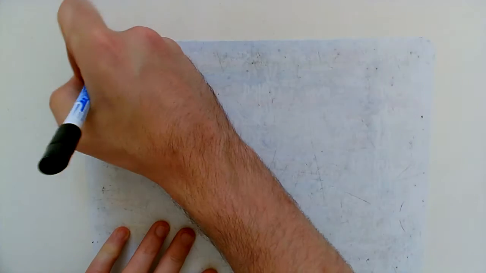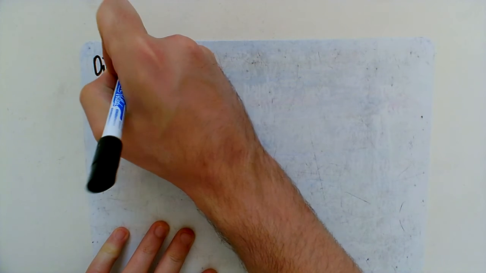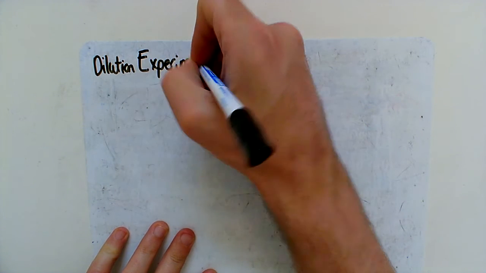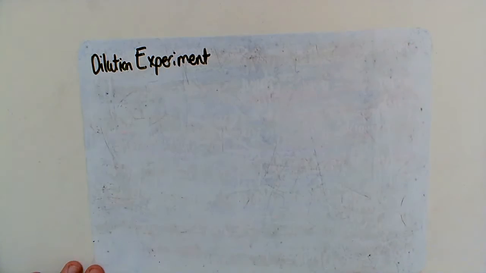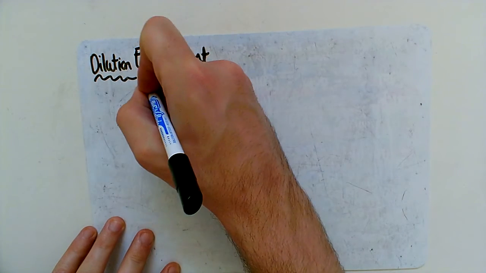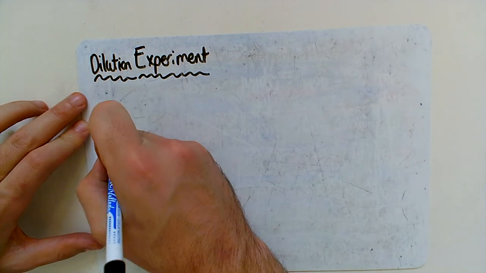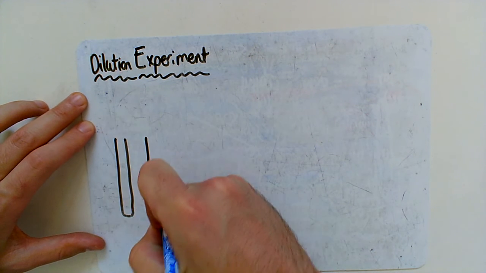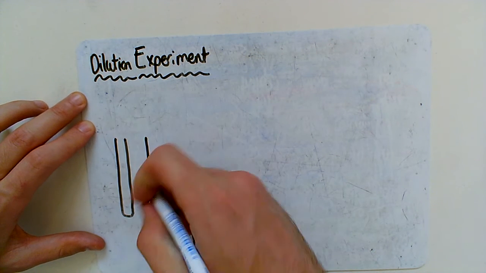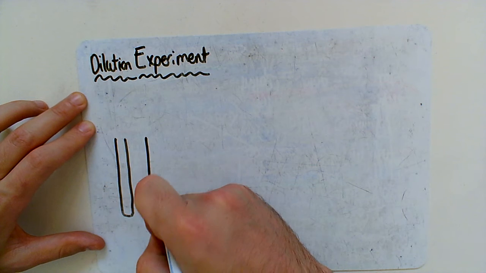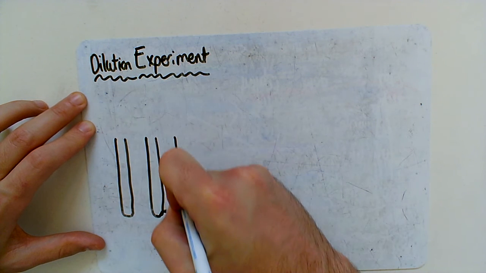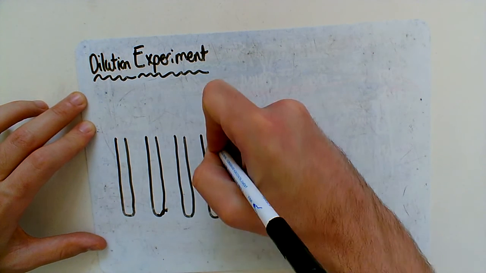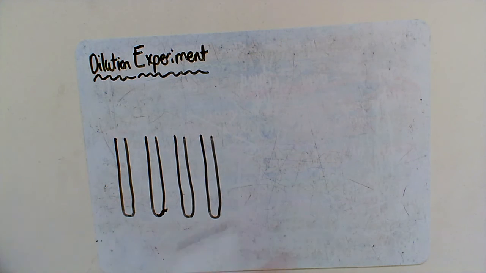Now with this, the dilution experiment, all you need is a set of test tubes. And in each test tube, we have some universal indicator.